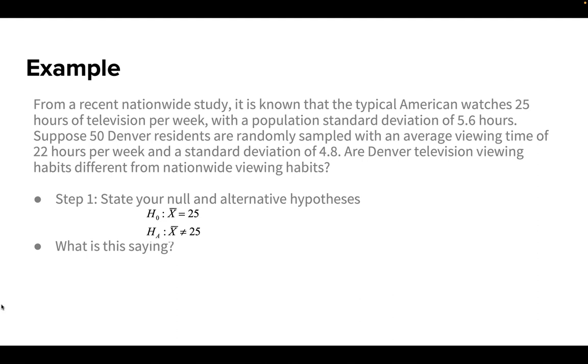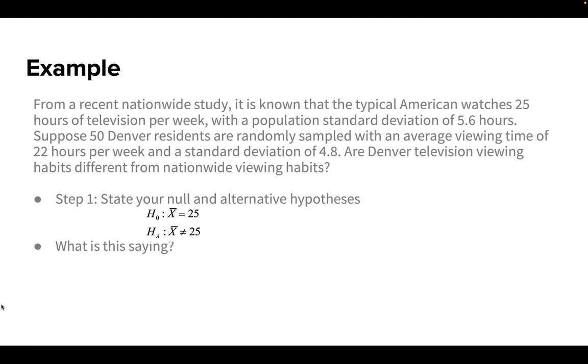So, for example, if we're looking at a bunch of statistics about how people watch television, and we see, all right, the average American watches 25 hours of television per week. You could hypothesize that the average for another group, and in this notation, X with the bar over it is indicating our mean here, the arithmetic average.